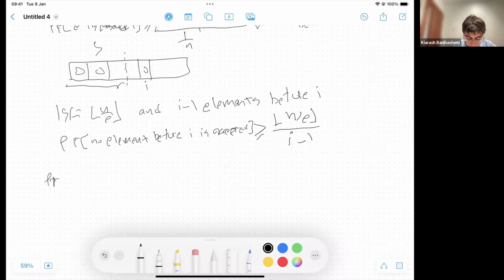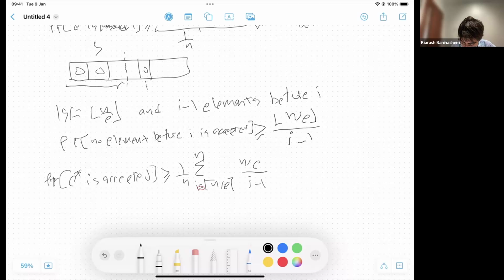If I sum over all I, the probability that E star is accepted is bigger or equal to 1 over n, sum over I equals n over E, of n over E divided by I minus 1. Again ignoring the distinctions between floor and ceiling, I can roughly approximate this with 1 over n, sum over I equals n over E, of n over E divided by I.